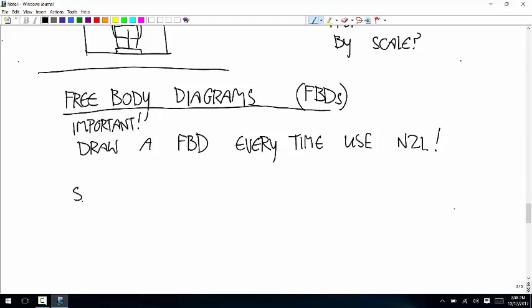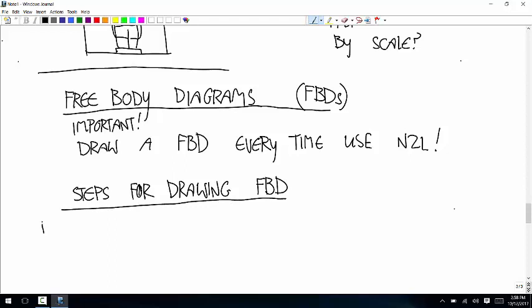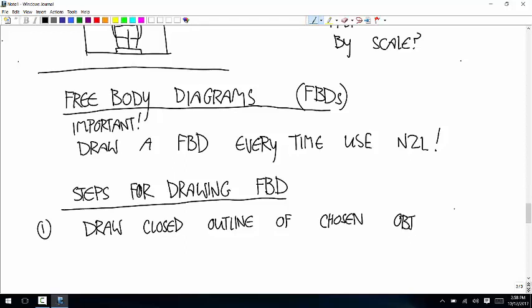So here are the steps for drawing a free body diagram. The first step is to draw a closed outline of the chosen object. And this closed outline should have no internal details.